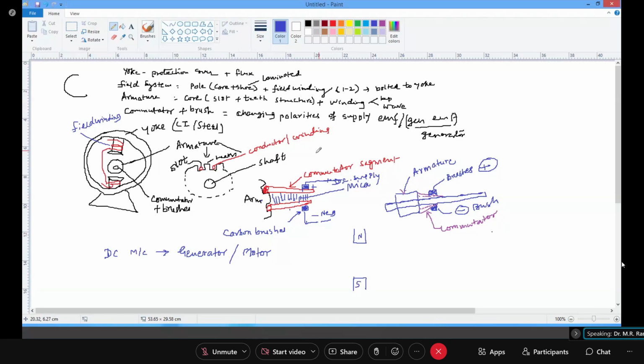This is one winding, this is another winding. I can have n number of poles, but here I have shown just 2 poles, and they are connected in this way. So this is one winding.